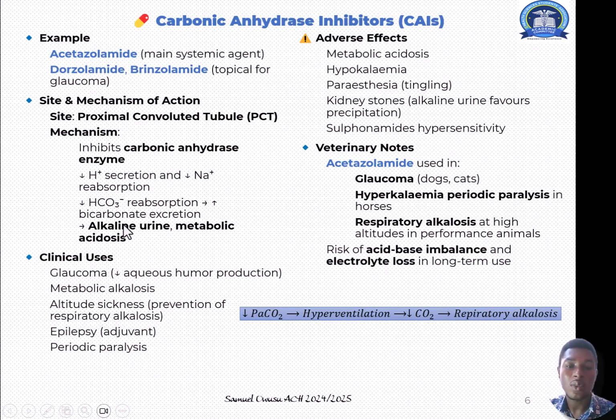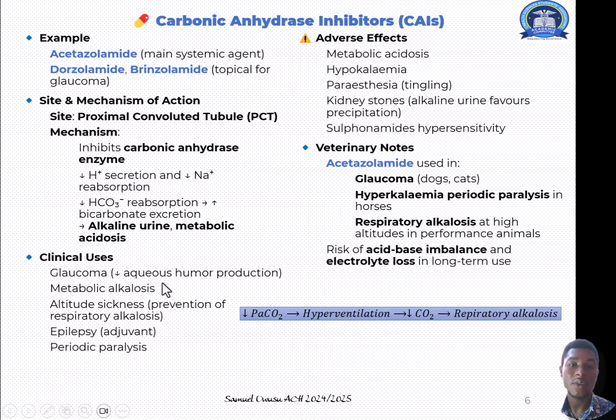And so if you have a lot of bicarbonate in the urine, it makes the urine alkaline or basic. That would eventually lead to what we call metabolic acidosis, meaning we will have a buildup of H plus ions in the blood. Then the clinical uses: like we said, it is used in glaucoma to decrease aqueous humor production.